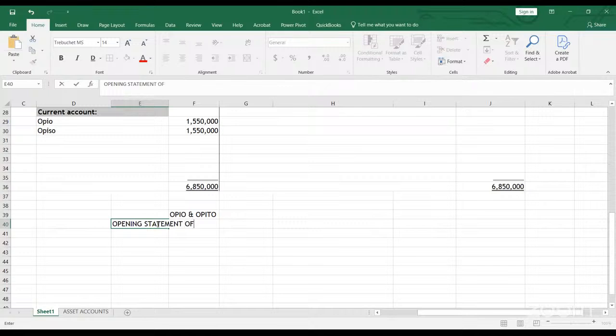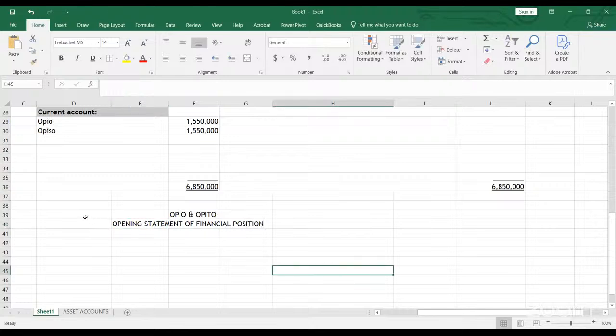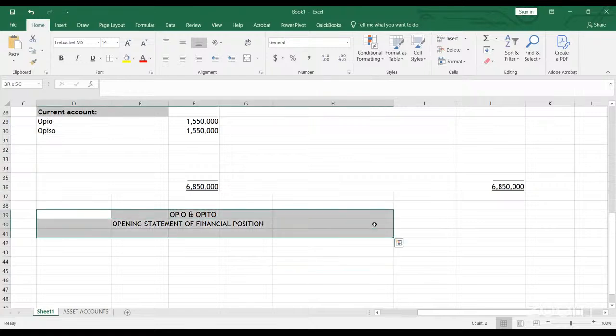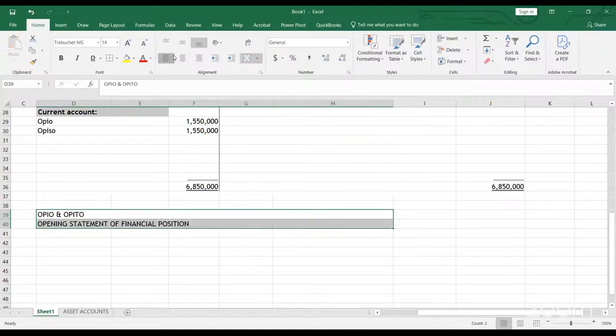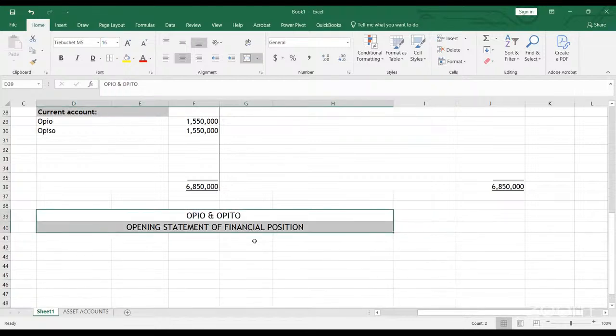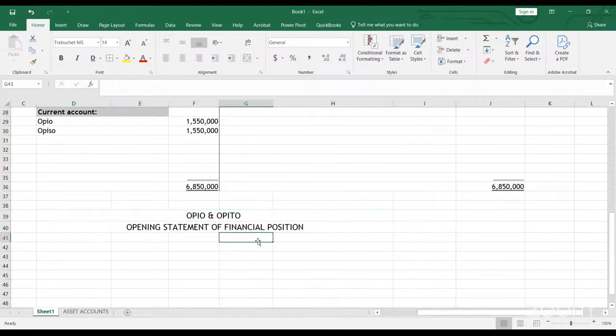Opening statement of financial position, our amounts in shillings.